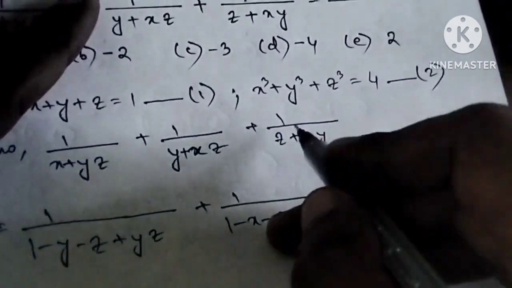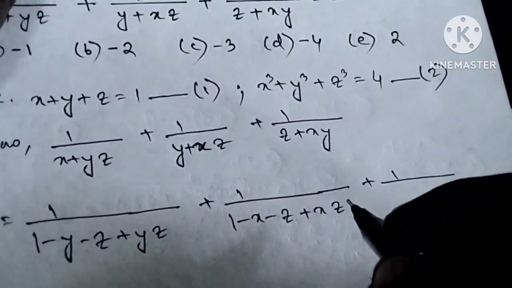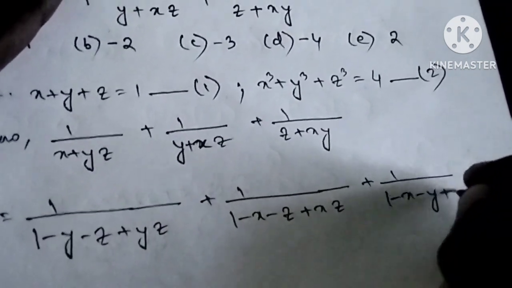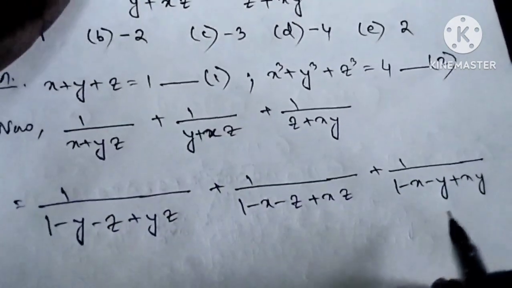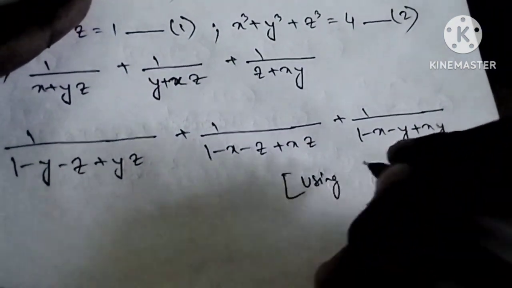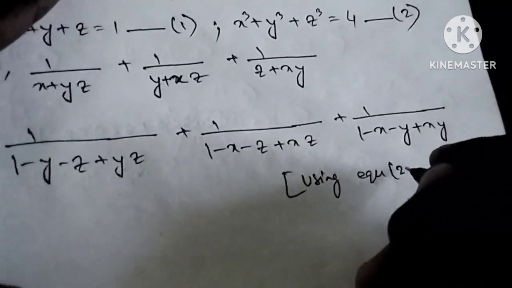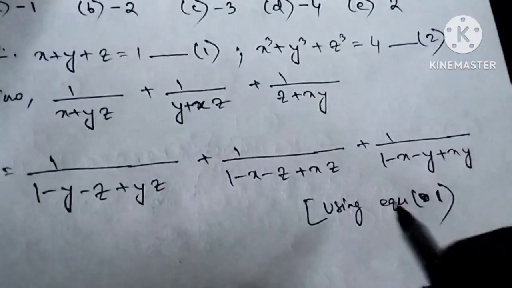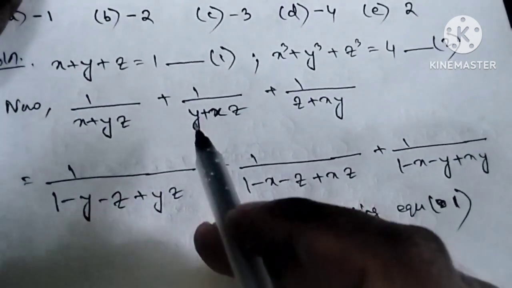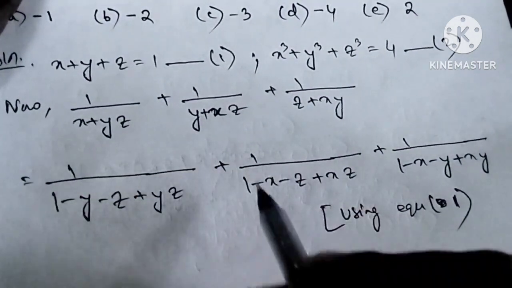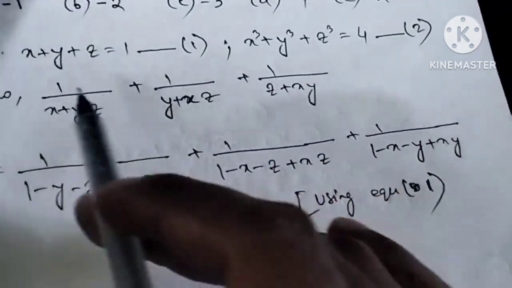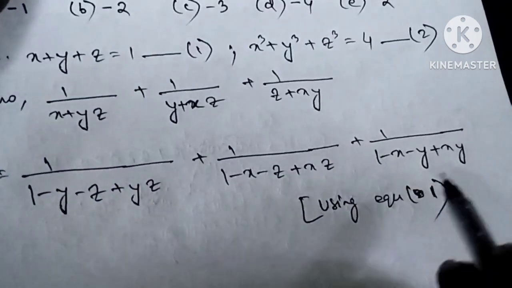Now the third term, z can be written as 1 minus x minus y, so 1 minus x minus y plus xy. We got these values using equation 1. Y is equal to 1 minus x minus z, here z is equal to 1 minus x minus y. Clear?